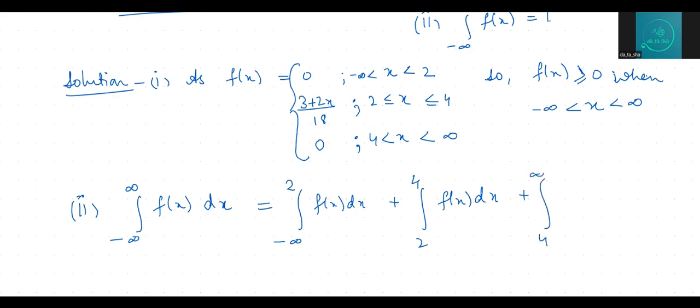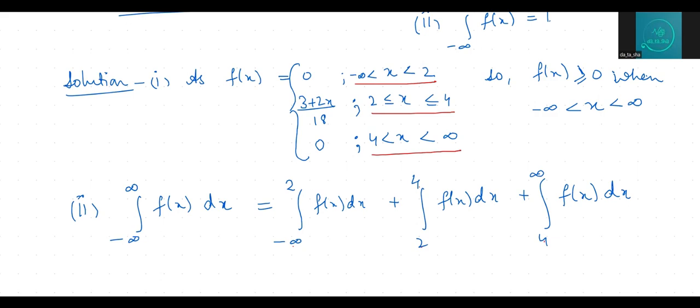Now, how do we decide at which point we need to break? It is given in the question. So minus infinity to 2, I have taken that particular limit. The second integral limits would be from 2 to 4. And the last one is 4 to infinity. So this is how we can select what we need to take.